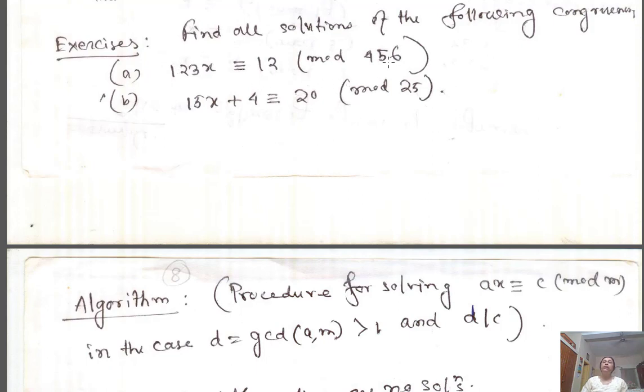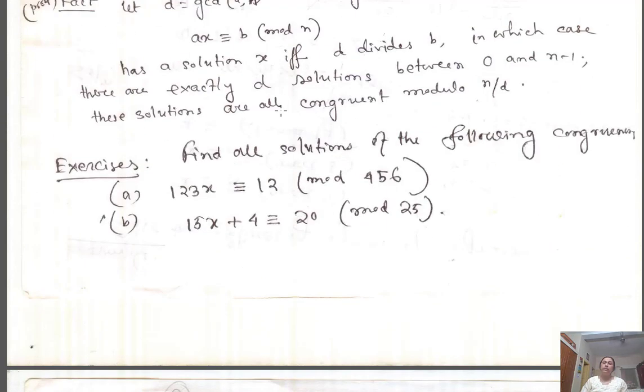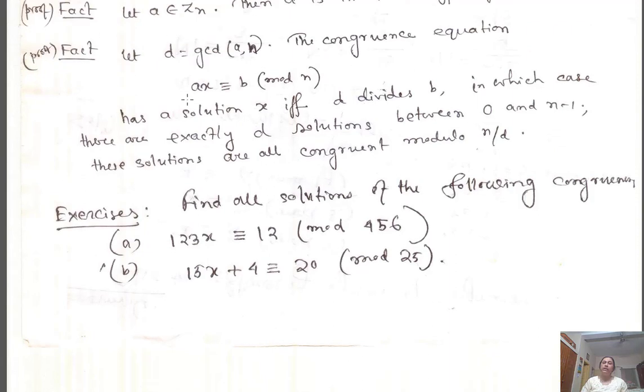First, you have to find the GCD. You already know that, but if these are very large numbers, how do you do that in a systematic way? And also how to solve it. Here I have only mentioned that if D divides B, it has D many solutions between 0 and n minus 1. What are the solutions?